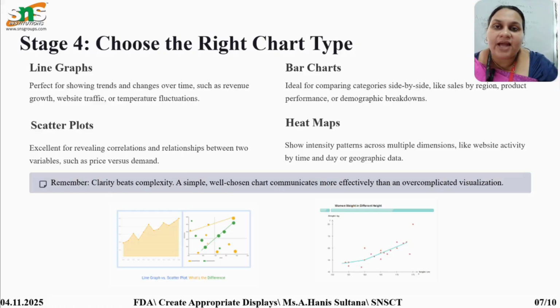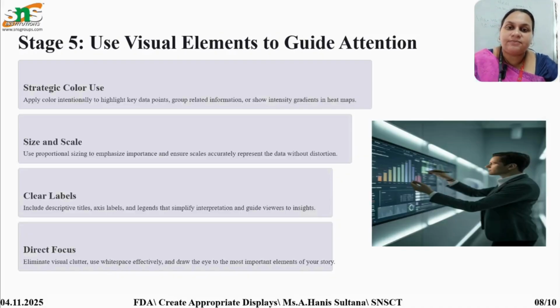Scatter plot can be incorporated when one variable is continuous and the other data is in discrete format. And we also have heat maps, which can be used across multiple dimensions, like website activity and social media activity, which can be tracked in this type of chart.